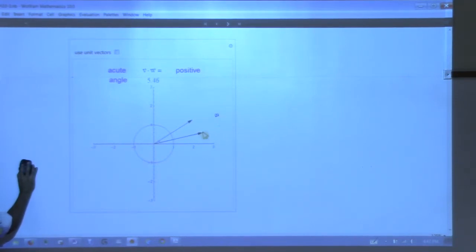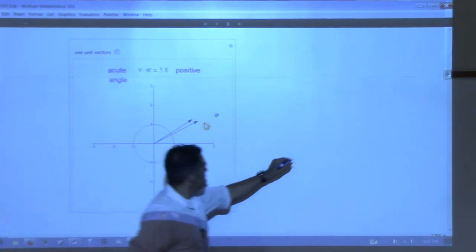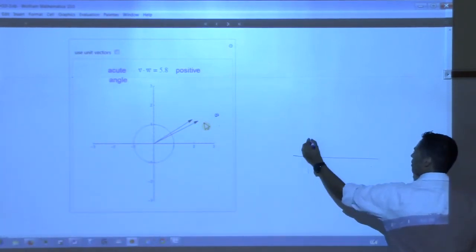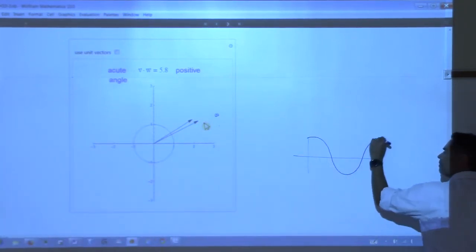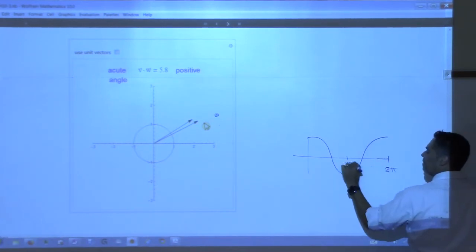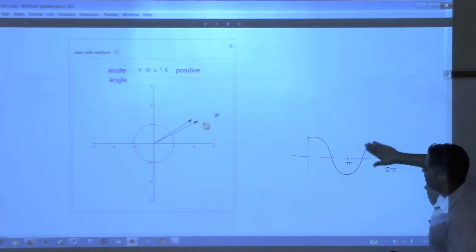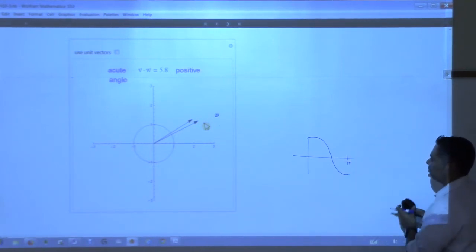Now, why is it getting smaller when I close the angle off? What does cosine do as your angle gets small? Maybe we should look at cosine. This is your cosine, right? It goes to 2 pi here. Here's pi, so we are only interested in that part.